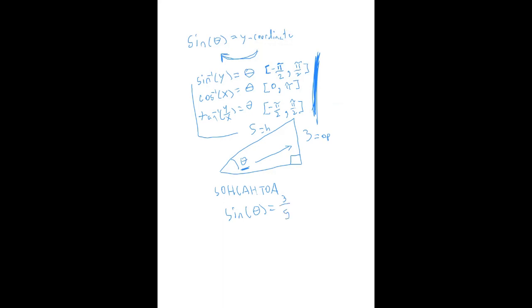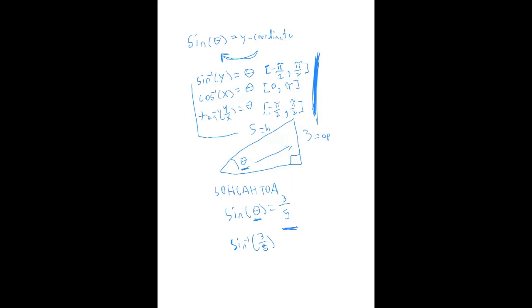Well, if I know that the output is 3 over 5, I want to know the input. What do I use? Well, that is exactly what do I plug in a y value and gives me an angle? Well, that is sine inverse. Just sine inverse of 3 over 5. And while maybe we don't know exactly what this is as a number, our calculators absolutely do.